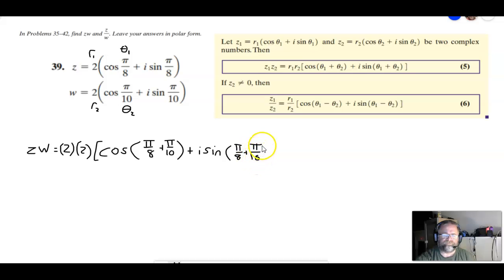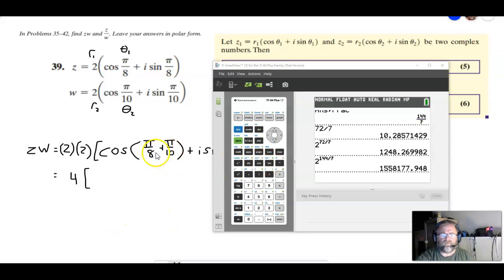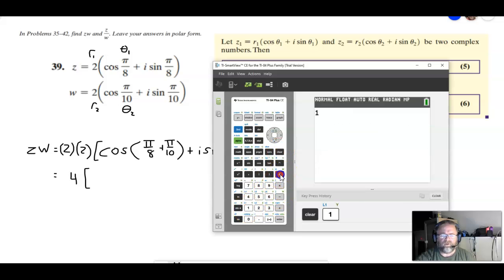All right. And then all we need to do is simplify that. So this is going to be equal to 4 on the outside. And then on the inside, we're going to have the cosine. I'm going to use my calculator for this. For pi over 8 plus pi over 10, it's really adding the two fractions 1/8 and 1/10. So what I can do here is just do 1 over 8 plus 1 over 10.